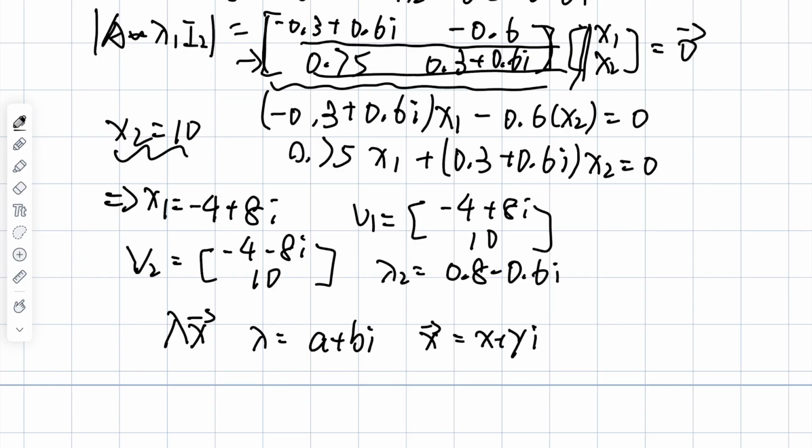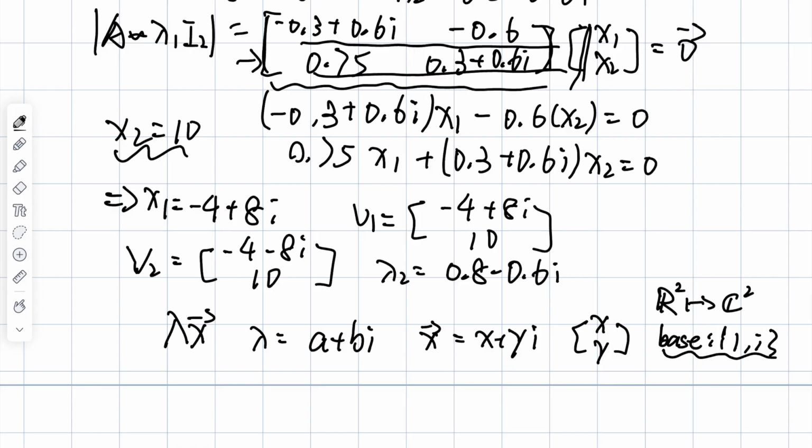Or if written in the basis (1, i), which is very straightforward because this basis gives you a very direct linear transformation between the real plane and the complex plane.